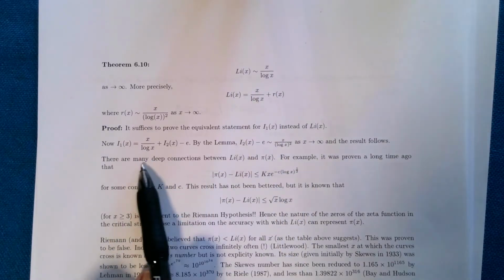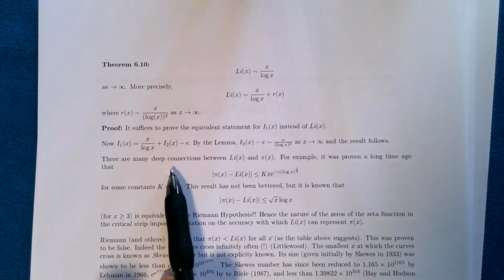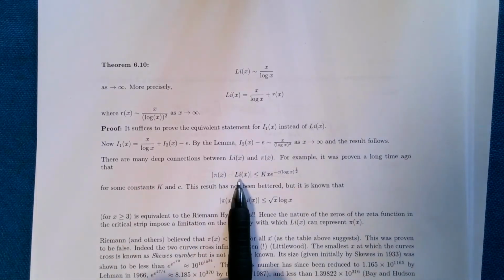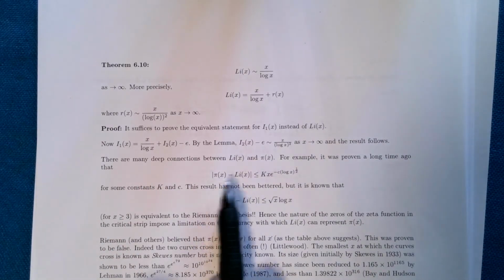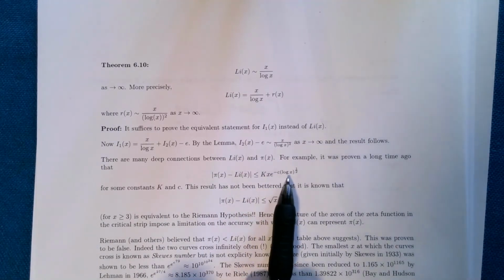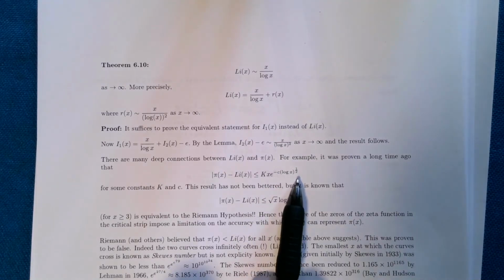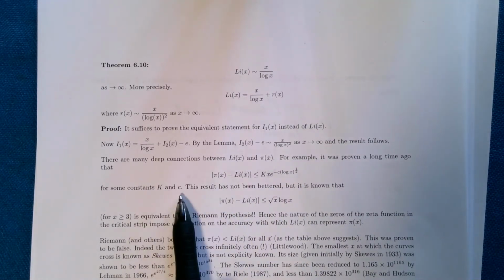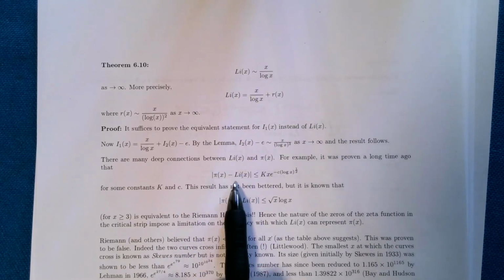There are many deep connections between Li(x) and pi of x. For example, it was proven a long time ago that if you ask what's the difference between pi of x and Li(x), then this is less than some constant k times x e to the minus c log of x to the half, where k and c are constants. So that's giving us a bound on the difference between the two.